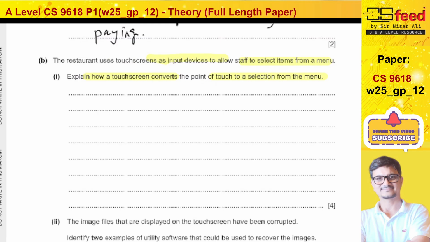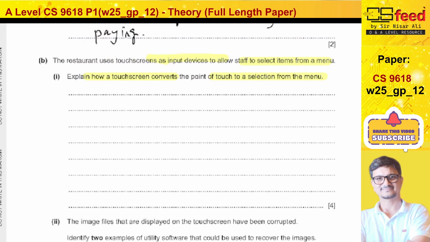Now we need to define here the touch screens basically. So when we touch, now there are various things. First of all, the touch is to determine the menu choice.